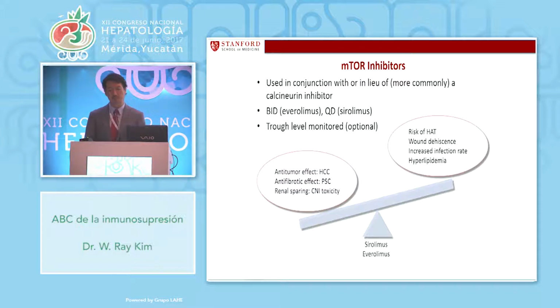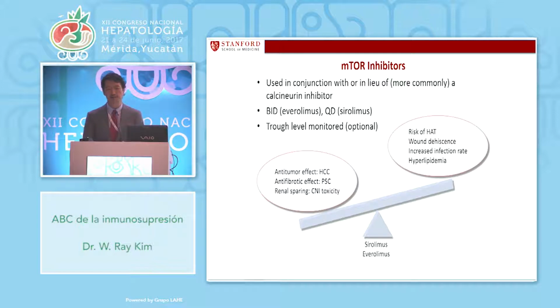There's an anti-fibrotic effect, so some hepatologists consider using sirolimus-type medicine for PSC patients to reduce recurrence. And it doesn't have the renal toxicity that calcineurin inhibitors have. So for patients with renal abnormalities, these medicines may be helpful in managing them.